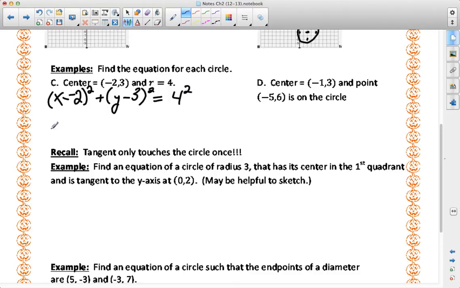I'm leaving it in my notes like that, and I'm going to clean it up so that we have exactly what answer I'm looking for. Minus a negative becomes plus a positive. So x plus 2, the quantity squared, plus the quantity y minus 3 squared is equal to 16.